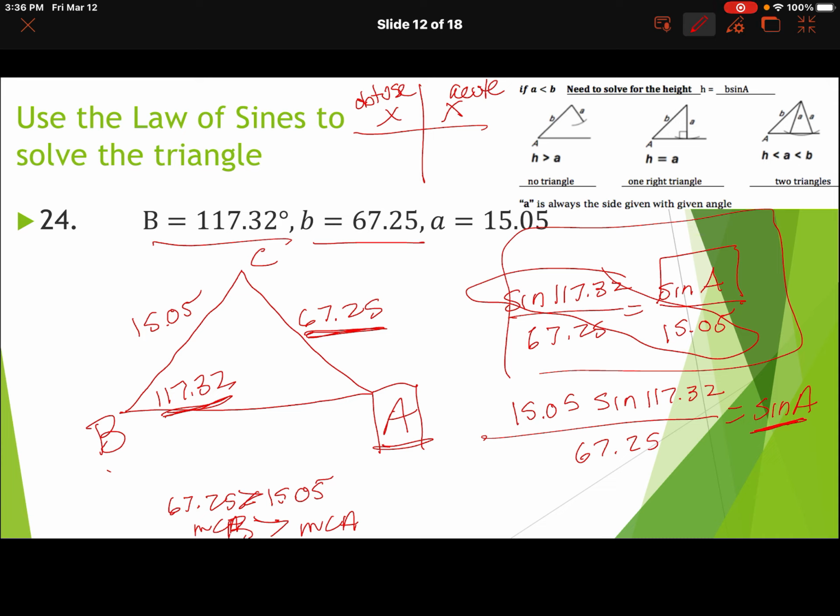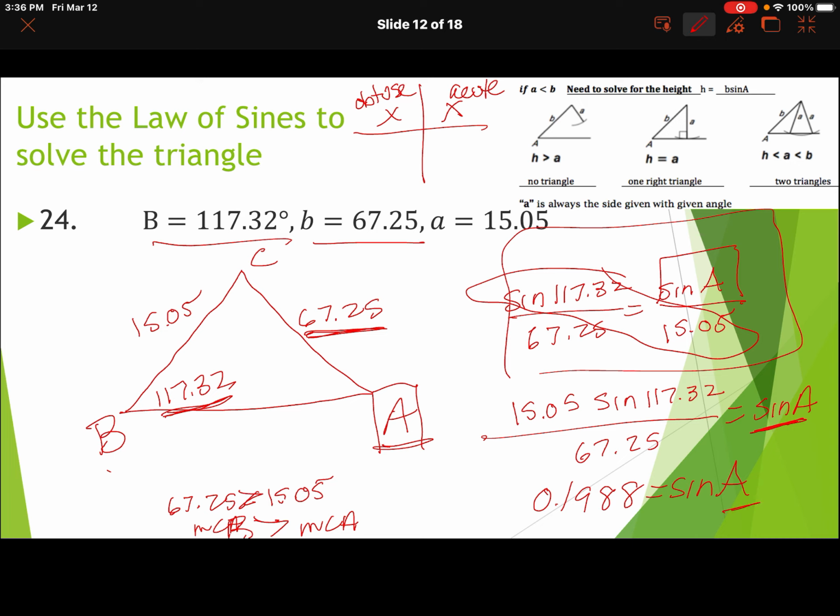Put it in your calculator as I am: sine of 117.32, and divide it by 67.25, and I get 0.1988 equals sine of A.